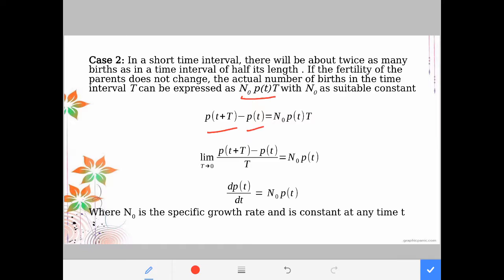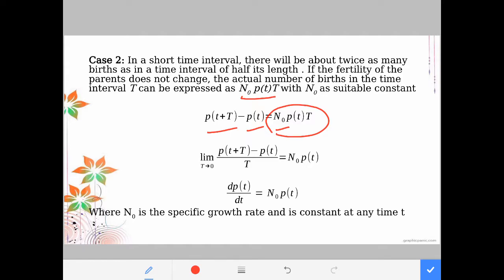Basically, the change in the population is equal to our constant N0. We peg N0 now as a constant, which is different from case 1.